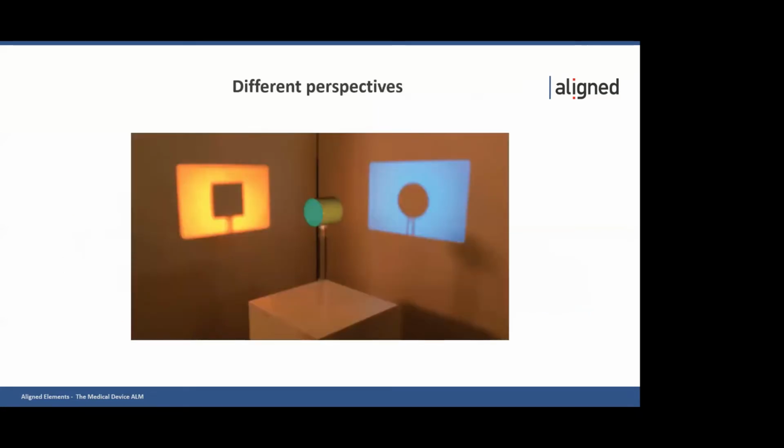I'm sure that you have been in situations where you talk to other people in a risk assessment session and you realize that these other people have a completely different perspective than you have on the device, and that they can identify completely different risks.